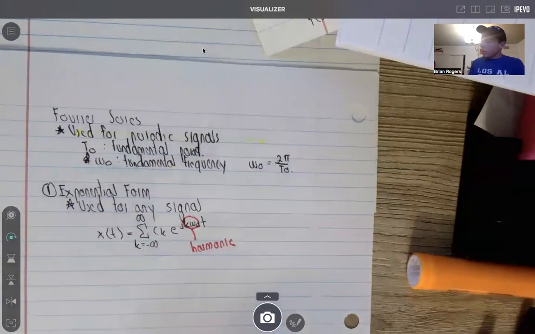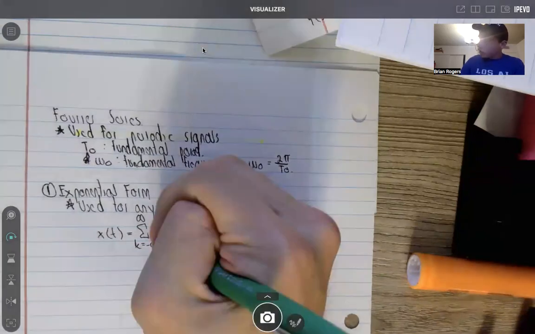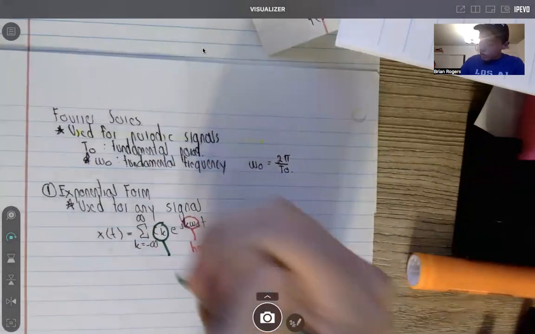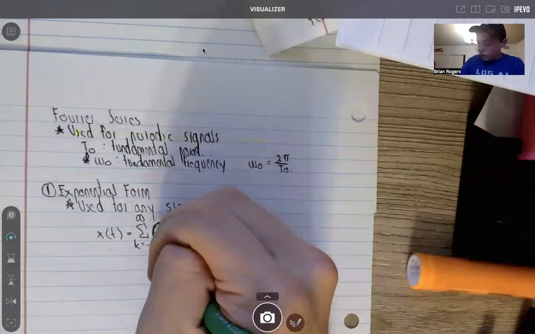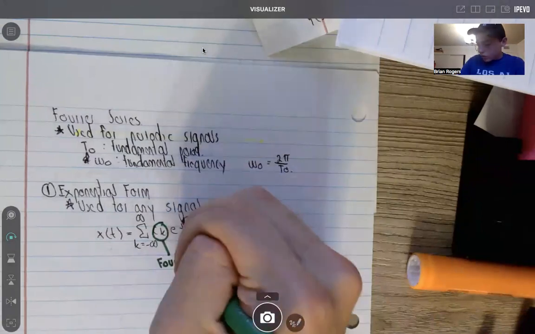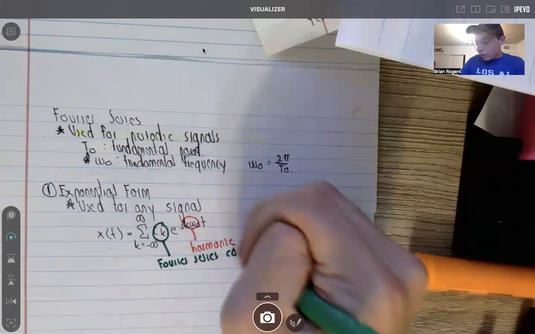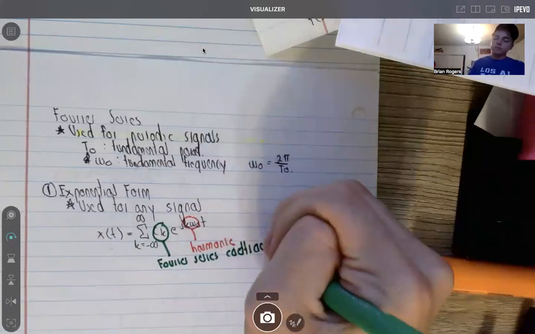And then the c k's here are the Fourier series coefficients. Those determine how much of the harmonic you're going to have.